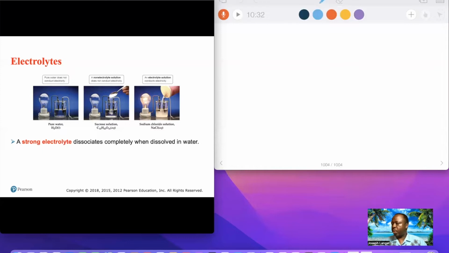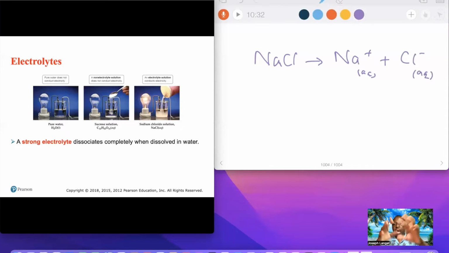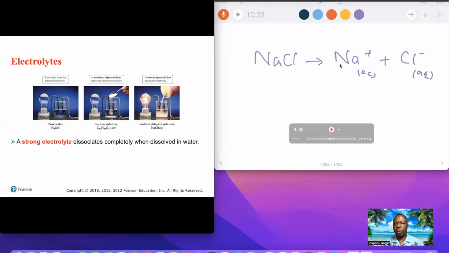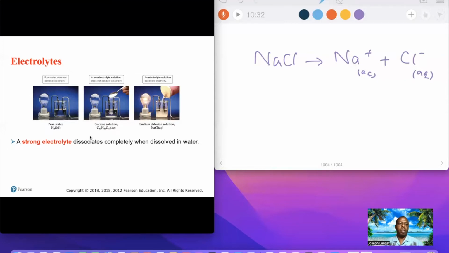For example, sodium chloride dissociates into Na+ aqueous plus Cl- aqueous. It means each ion is now surrounded by water molecules.